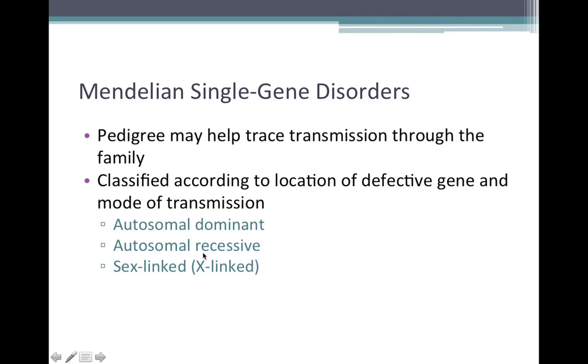If it's an autosomal recessive disorder, this means we actually need to inherit two defective copies, one from each parent, in order to express the phenotype of that disease. Now, there are also sex-linked disorders, which are disorders that follow sex chromosomes, like the X or Y chromosomes.